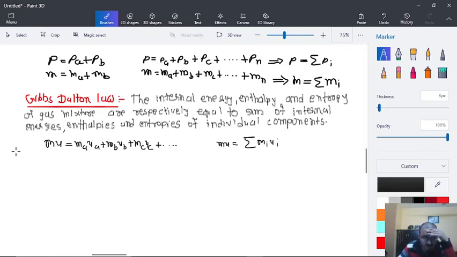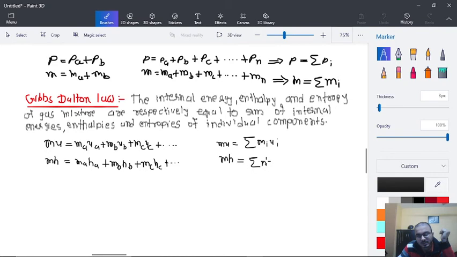Then Mh = MA HA + MB HB + MC HC, so Mh = sigma Mi Hi.